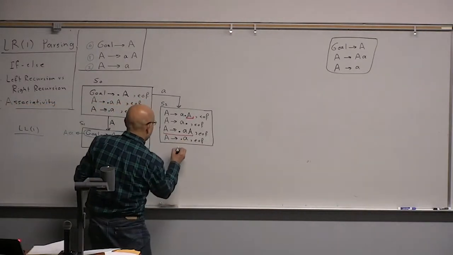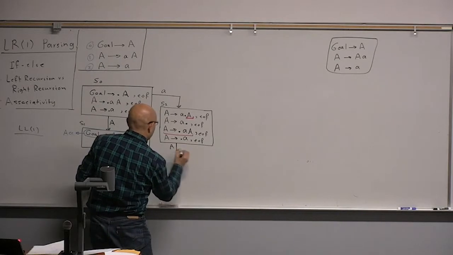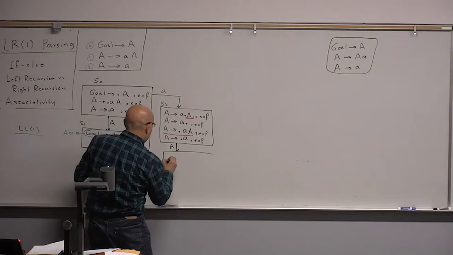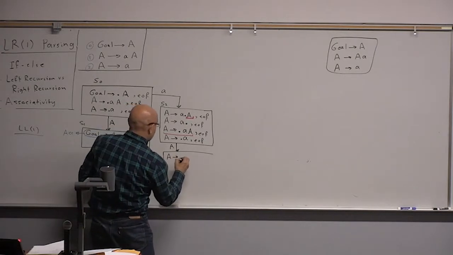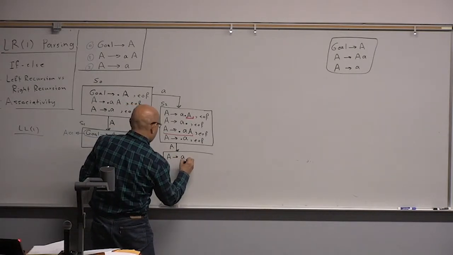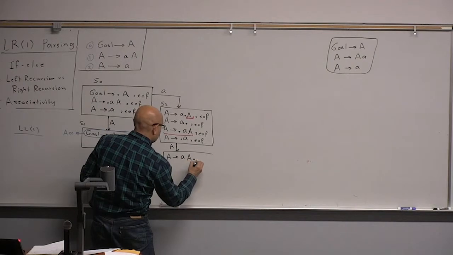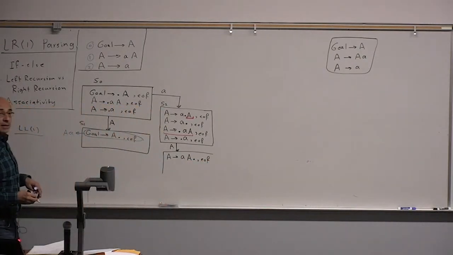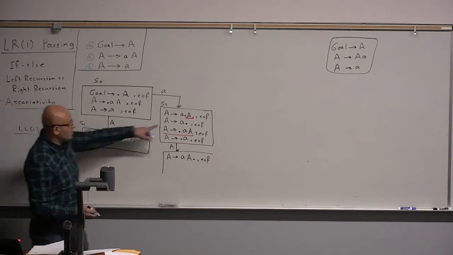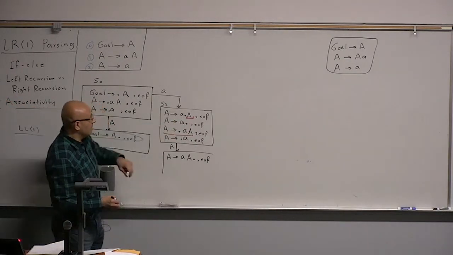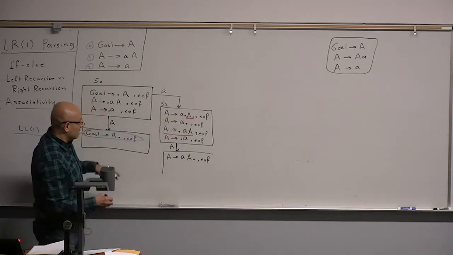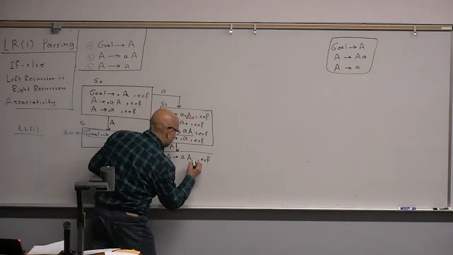On big A, if we have a big A, then this is going to be A, placeholder, end of file. Anything else? No, because we only move it past the A. So this is where the placeholder precedes an A. So this gives us this.